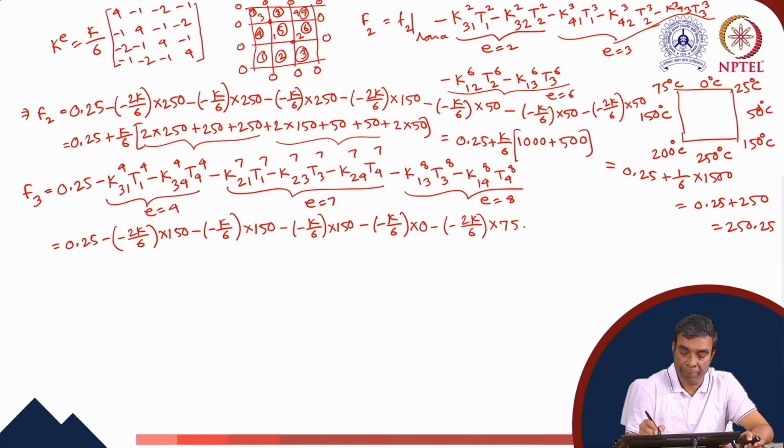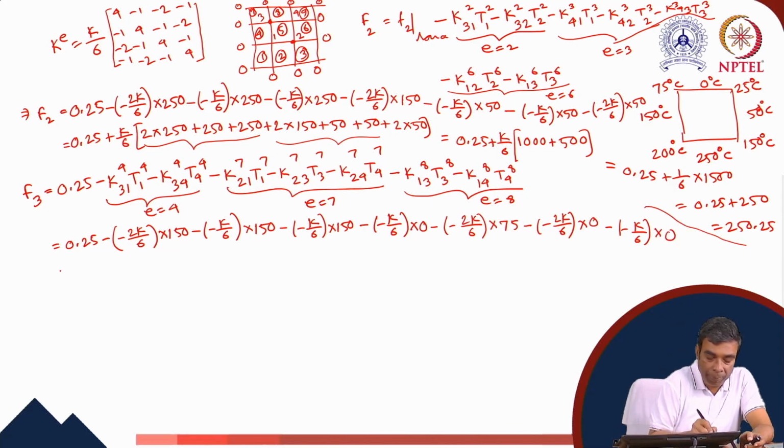Into 75. Then we are left with the eighth element. K138. K13 is minus 2K by 6, minus 2K by 6 into T38. For the eighth element T3, it is 0. So this is 0 minus K148. K14 is minus K by 6, minus K by 6 into T48. For the eighth element, the temperature is 0 at the fourth local node at the top wall. So this is also 0.